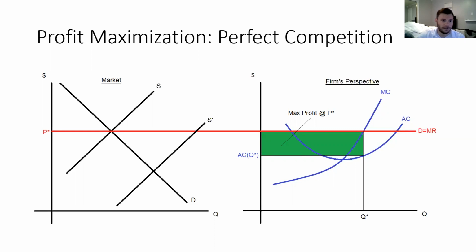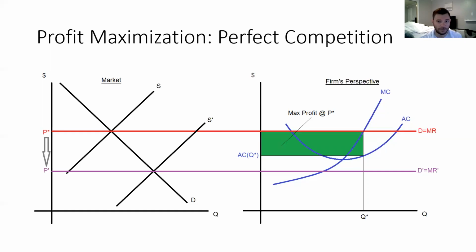Okay, note that the rightward shift of the supply curve puts downward pressure on that market price, which also then changes the demand curve from the firm's perspective in the right-hand diagram. So notice the price dropped a little bit. Okay, if we apply the same profit maximizing rule and find that output level where marginal revenue equals marginal cost, now we can observe that the firm is going to respond by actually producing less output, provided that it does not shut down.